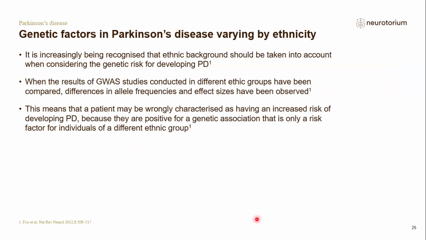Again, genetic factors in Parkinson's disease vary by ethnicity. What we need to know is that with genome-wide association studies, most of the studies have been done in a specific ethnic group. So we cannot use that to determine that the African ethnicity will have the same.